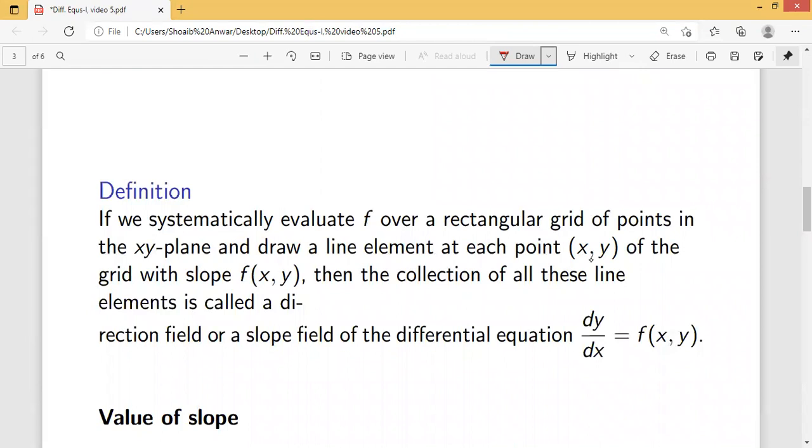Now, we actually define the direction field. That is, what is the definition of the direction field? If we systematically evaluate a function f, where dy by dx is equal to f of x, y, that is the function f of x, y we are talking about here.